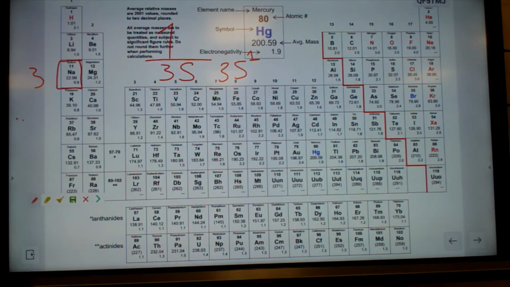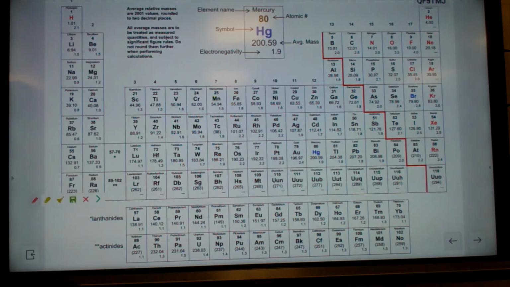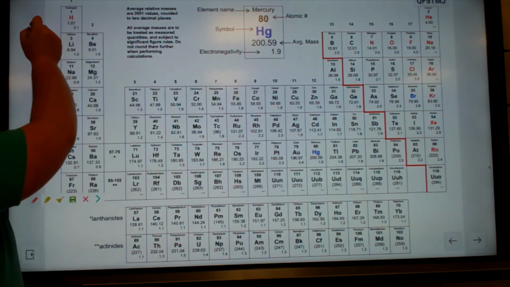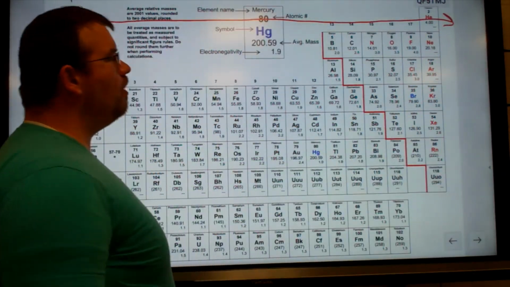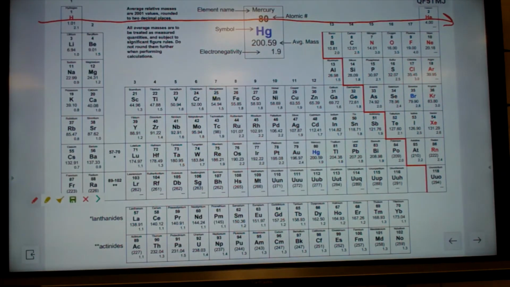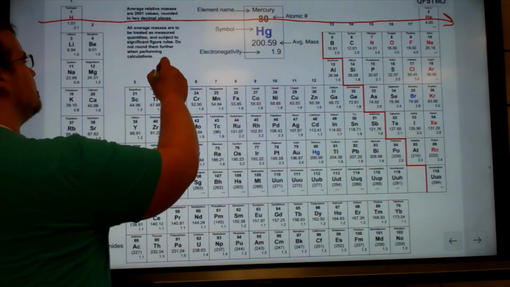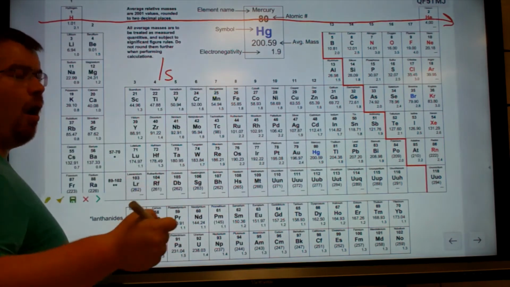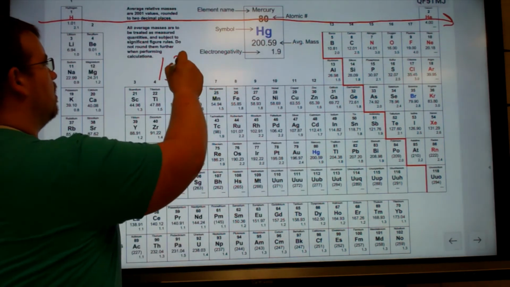Here's what I do to get this. I start here at hydrogen and go all the way through helium. What was that I just went through? First row, S block, 1S, and I went all the way through it, so it's 1S2.